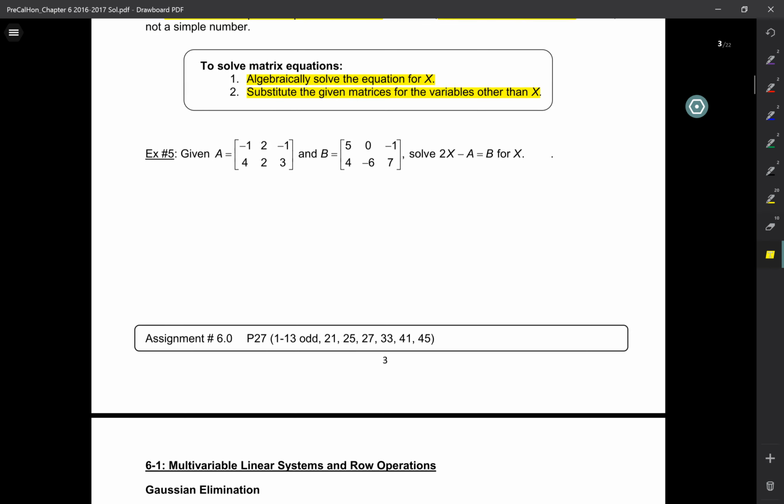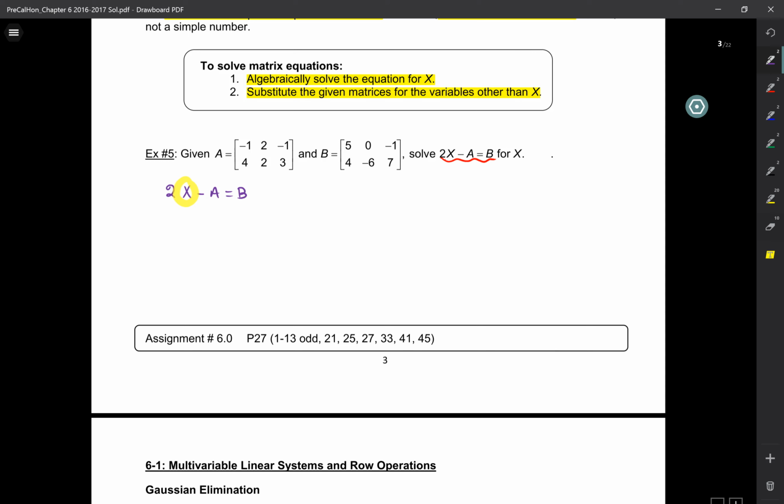Okay, so here, this is the equation I need to solve. So 2x minus A equals B. In this case, this is my unknown, x. I need to solve this equation for x. However, in the end, x is an unknown matrix. So my answer is going to be a matrix.